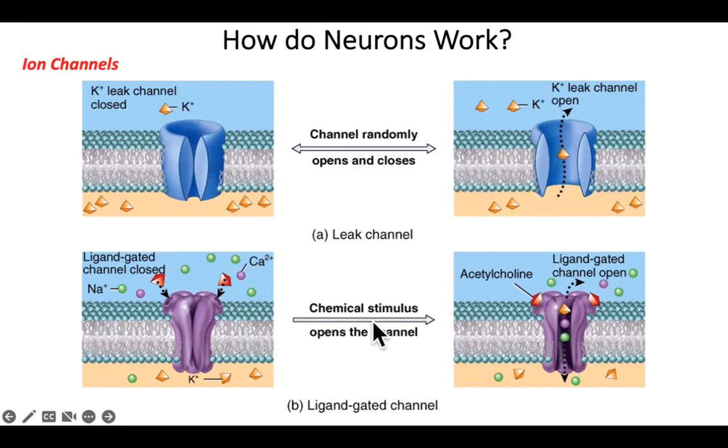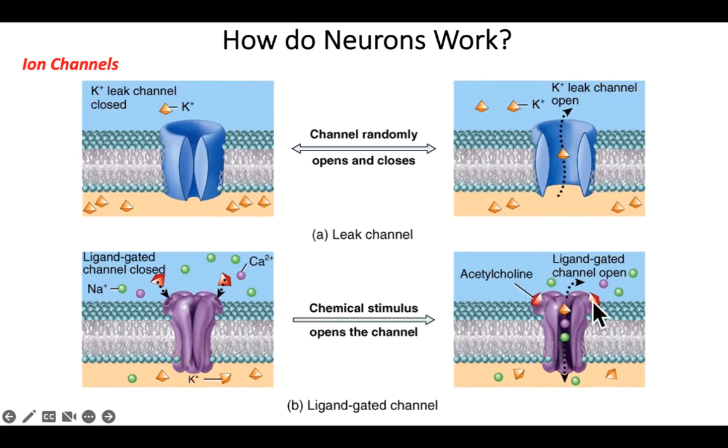If it's a chemical stimulus that opens the channel, we call that ligand-gated. A ligand is a chemical. So notice this is the channel here. It's closed. This little red pyramid-shaped structure is some sort of chemical. In this case, they're saying it's a neurotransmitter, acetylcholine.